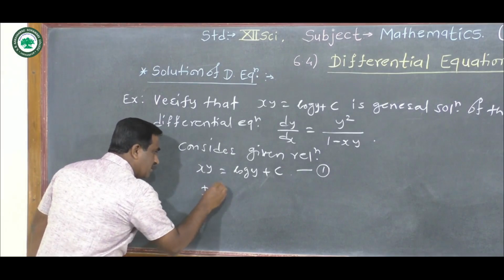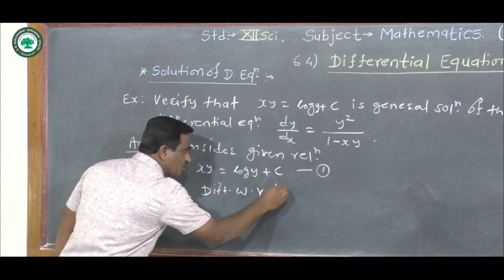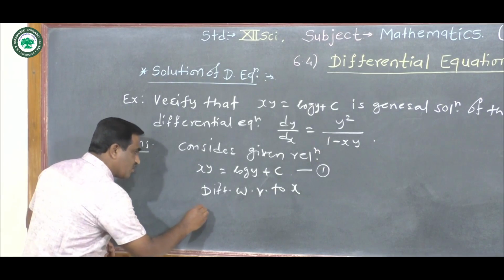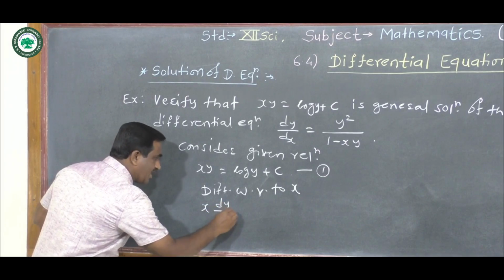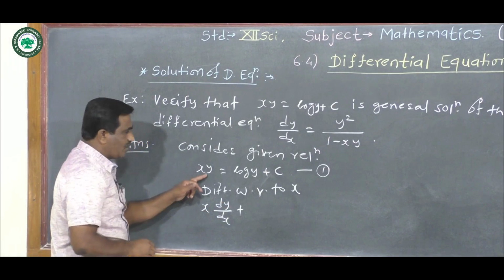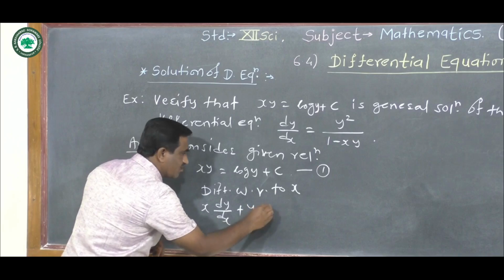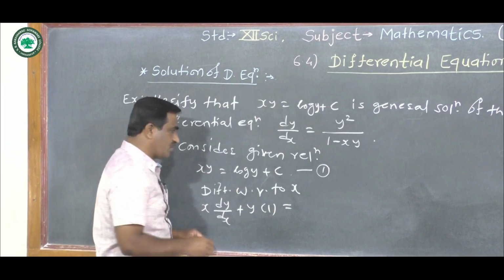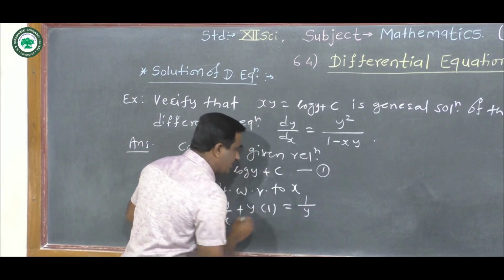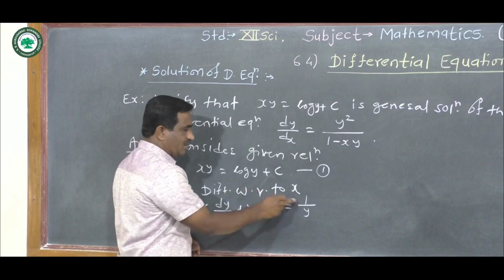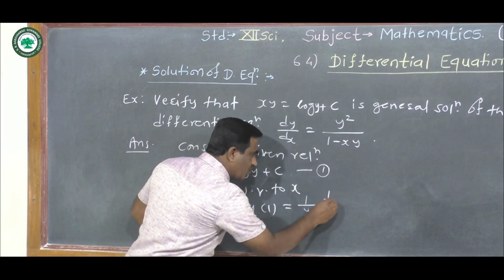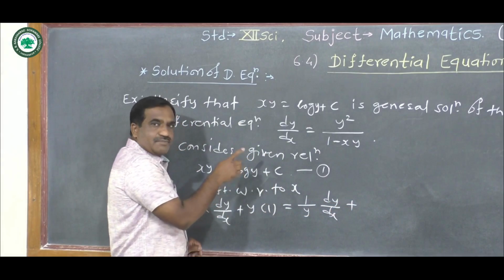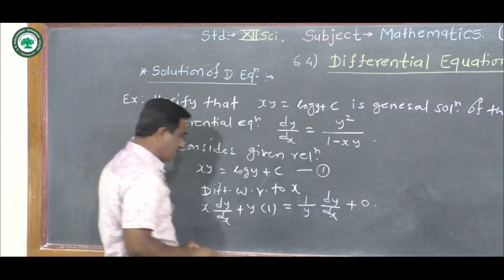First function x as it is, derivative of y, dy by dx, plus y as it is, derivative of x is 1, is equal to derivative of log y, which is a composite function, 1 upon y into derivative of y, dy by dx, plus derivative of constant term c, which is 0.